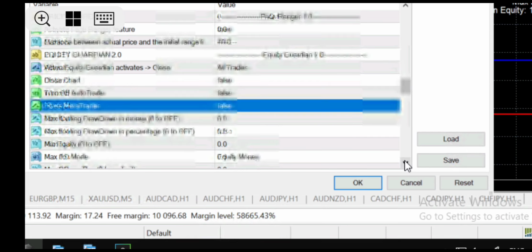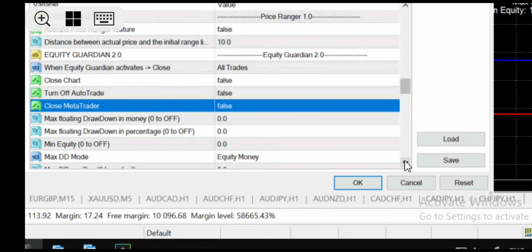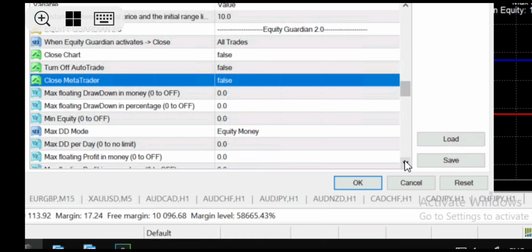Then we have a maximum floating drawdown in money. In this case, it says the maximum floating drawdown you allow for the day. Let's say, especially for those with prop firm accounts, you can't have a drawdown above 5%. Now you don't want to risk the 5% in a day. Let's say you don't want a drawdown above 2%.